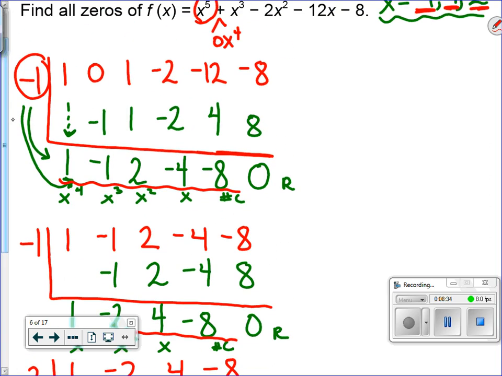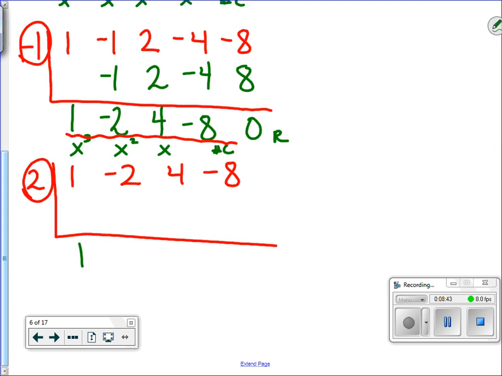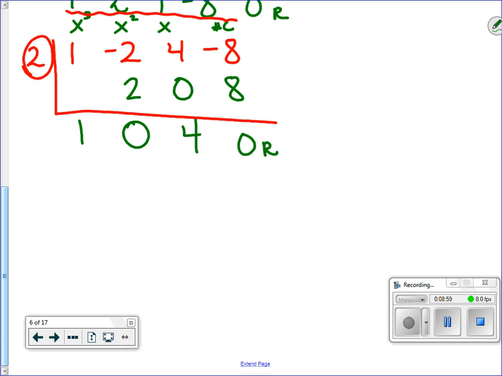So we had the solutions of -1, -1, and 2 based off of our graph. So we've got 1 multiplied by 2 is 2. We get a 0 here. And then 0 times 2 is 0 plus 4 is 4. 4 times 2 is 8, obviously giving us a remainder of 0, which we know that it worked because we got a 0 there, and that's exactly what should happen.